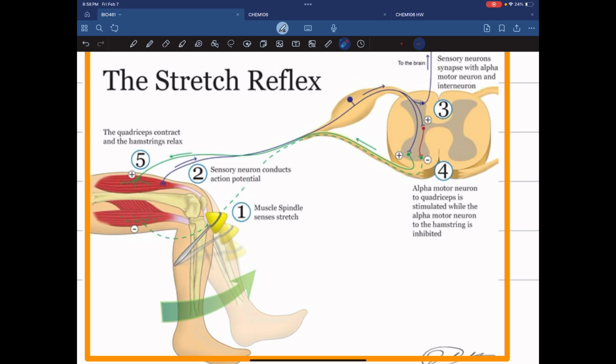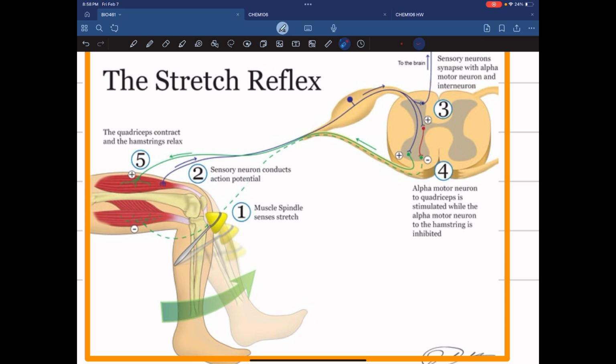And when that detects stretching, sensory neurons are going to create an action potential in our quadricep muscle right here. This is going to go up all the way to our spinal cord and enter into our spinal cord. And sensory neurons are going to synapse with the alpha motor neurons and interneurons.